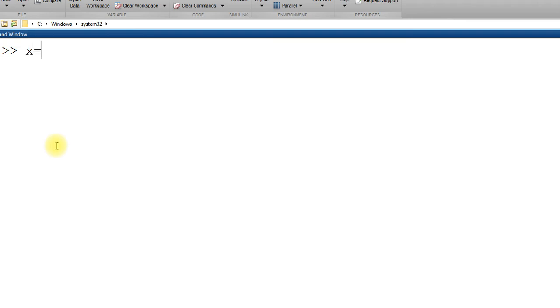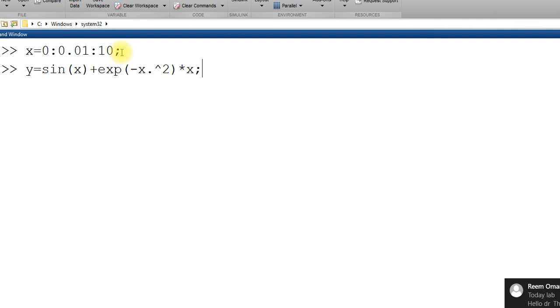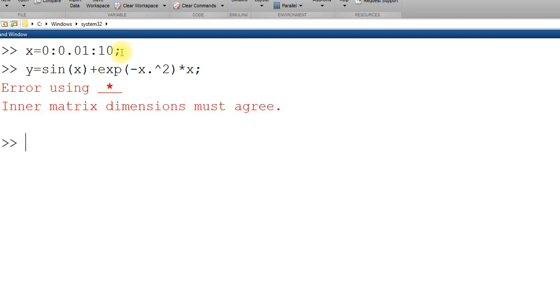Okay, with trapz, I will do one more example. Suppose I want to integrate a function from 0 to 10. I will make the sub-interval smaller just to make sure, and suppose I want to integrate the function sin x plus exponential of minus x squared. Let me write a little bit more complicated one. I have an error here.